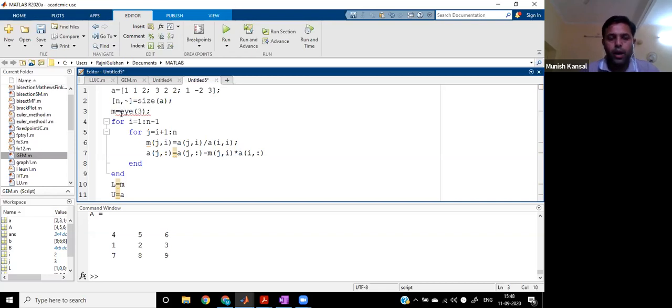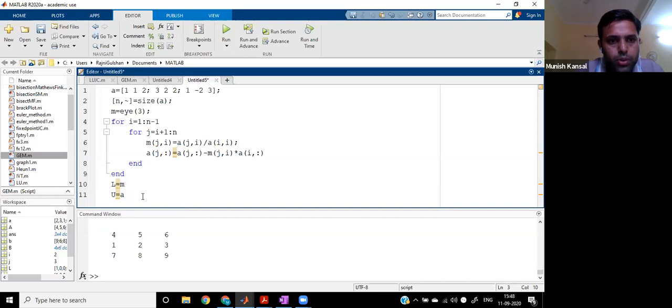Basically you have to initialize, right? If you don't initialize, this will not update the entry. So this is the initialization process. Basically we will start with 100010001, then we will make changes in that matrix and we will display the value of L here, right? So let me run this for you. We have to take the output L is equal to M, U is equal to A. So let me run this.